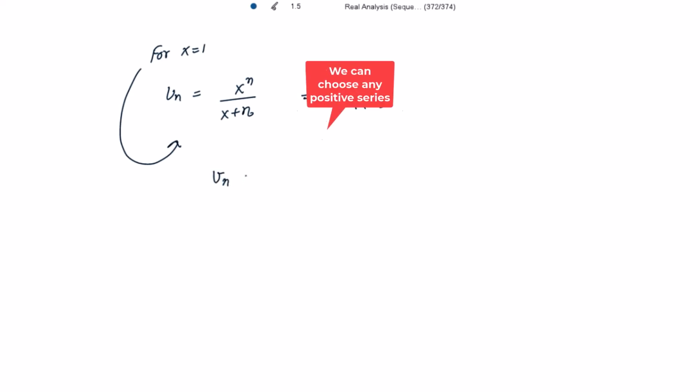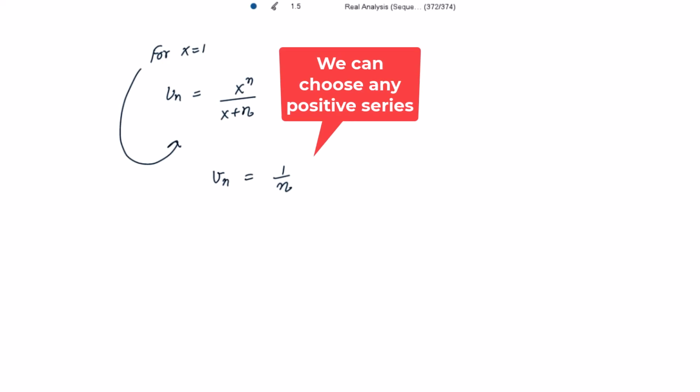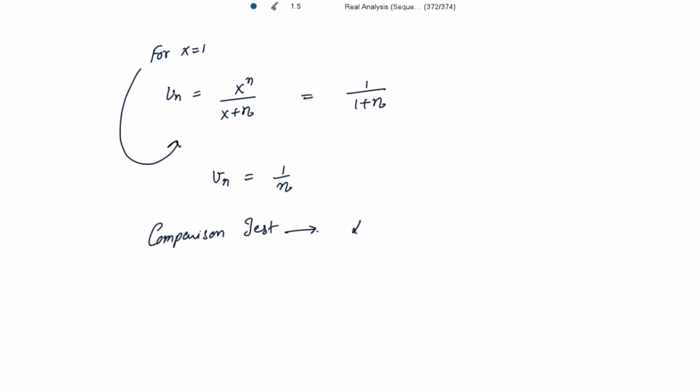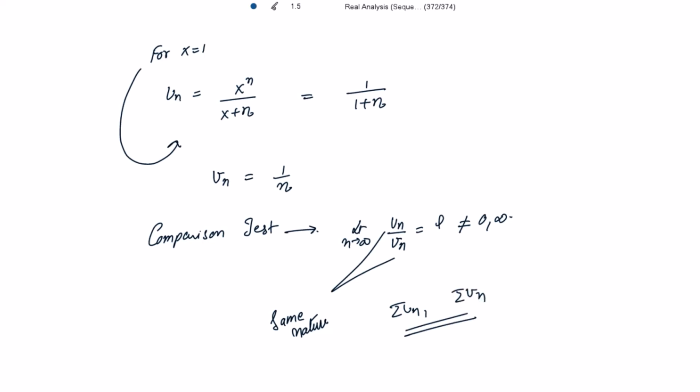If I take Vn to be equal to 1 divided by n, then by comparison test, if the limit on the ratio un divided by Vn is finite, that is, it should not be equal to 0 and infinity, then both the series will have the same nature. So summation un and summation Vn both will have the same nature.